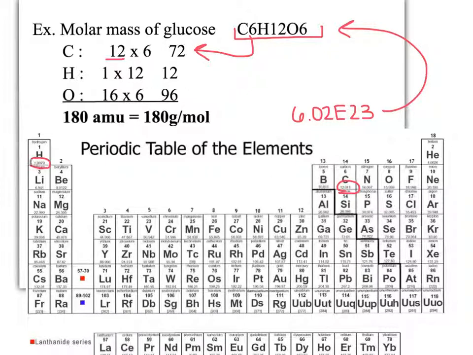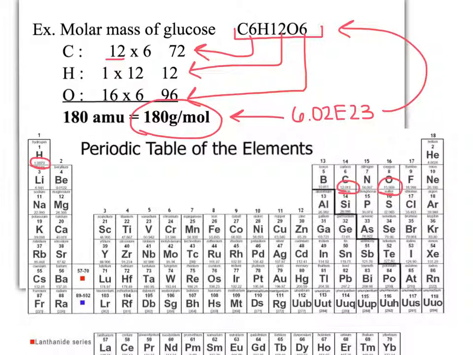Hydrogen weighs 1, and there's 12 of those in glucose. And oxygen weighs 16, and there's 6 of those in glucose. Multiply and add, and we get that an entire mole, 6.02 times 10 to the 23rd molecules of glucose would weigh 180 grams. How much would one glucose molecule weigh? 180 AMU.